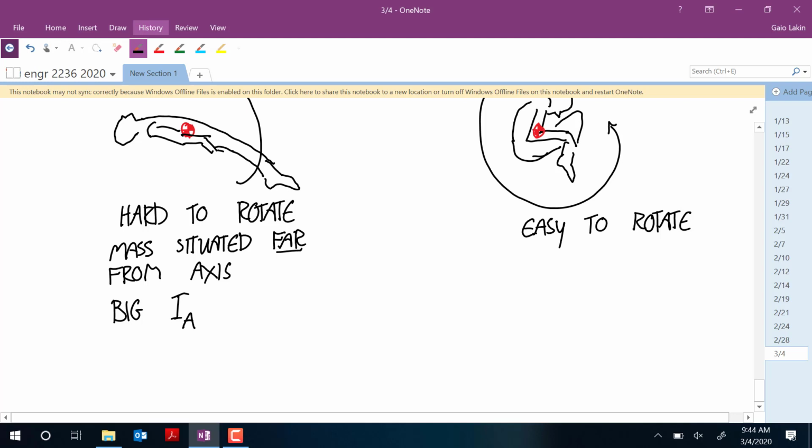And in this case, mass is situated close to the axis. And so that's a small mass moment of inertia.